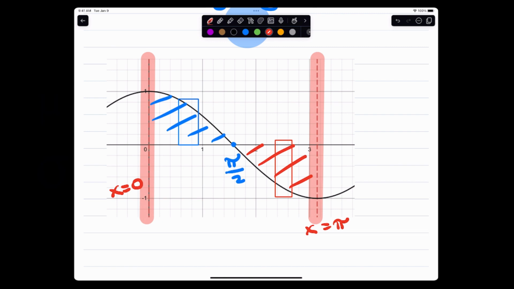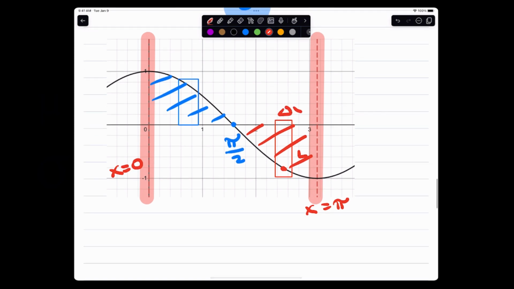Anything below is going to have a negative area. And you say, why? Because remember how you got the length? That length here, this is still delta x, but the length is f of what? x asterisk. That's a y value. All of those values of y below the x-axis are negative. Similarly, I'll say it again, this length, L, is the same f of x asterisk, and it's positive.